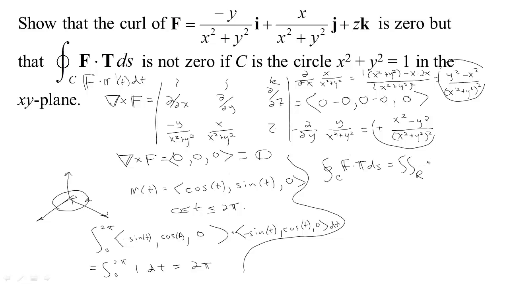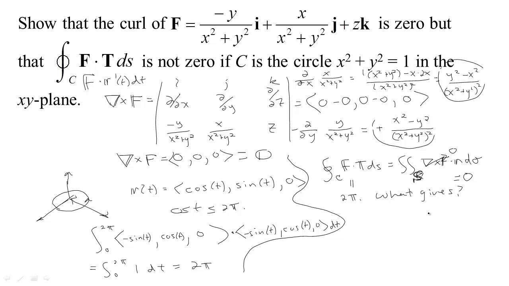You could use any surface, but say that circle in the plane, of the curl, so del cross F dot n d sigma. But we just showed that the curl of F is 0, so if you go around any surface, I should say this should be some surface R in general. If you go around any surface, then you're integrating up 0, you'd have to get 0, but we just found that the circulation integral was 2 pi, so what gives here?